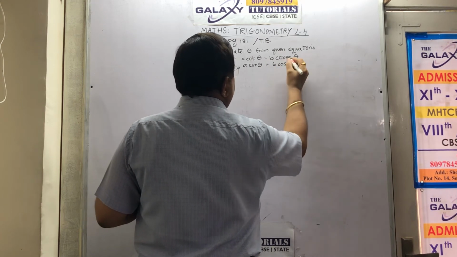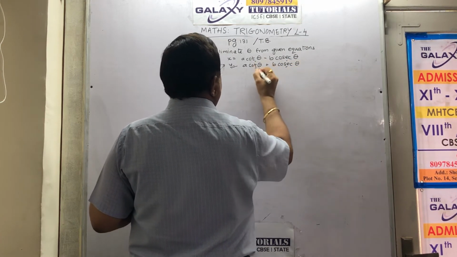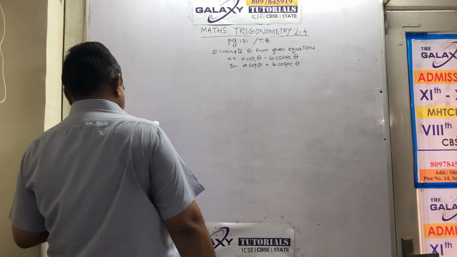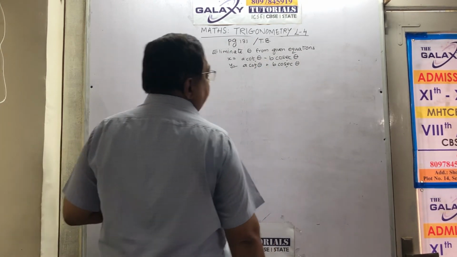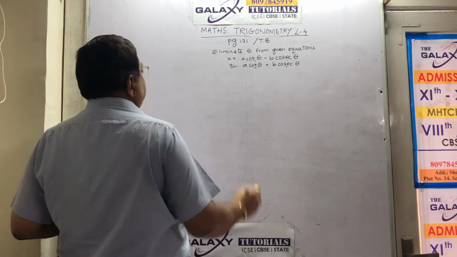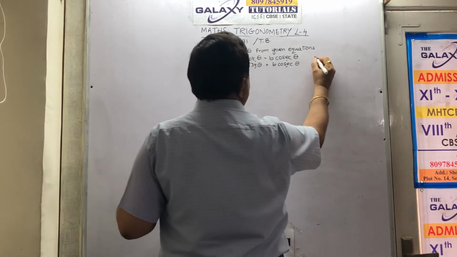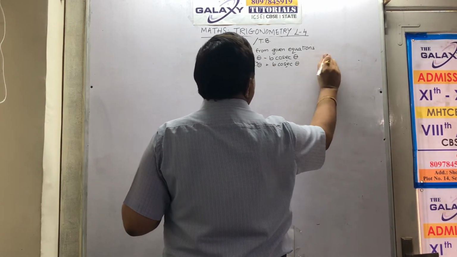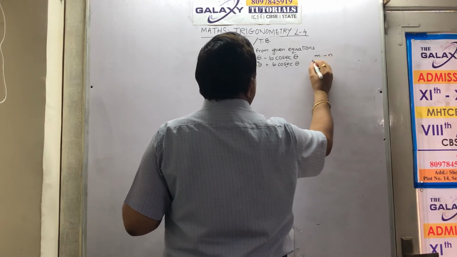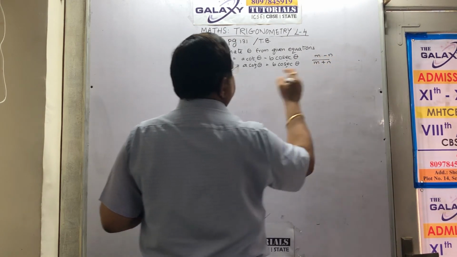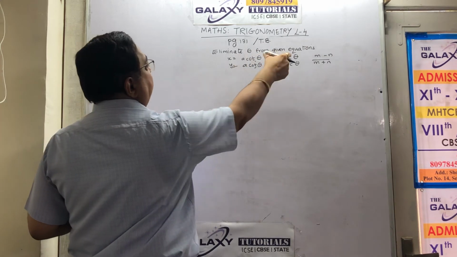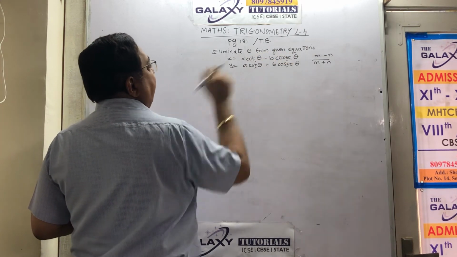We don't want the theta terms. I must get x and y in terms of a and b. You have to eliminate theta. So first you can see this looks like m minus n, and this looks like m plus n. Have a look, m minus n, m plus n.